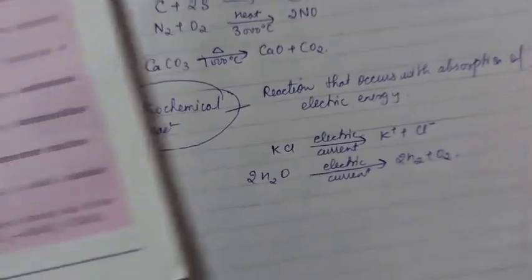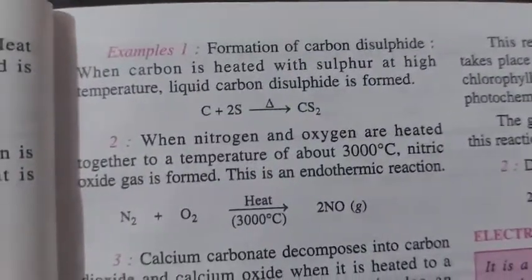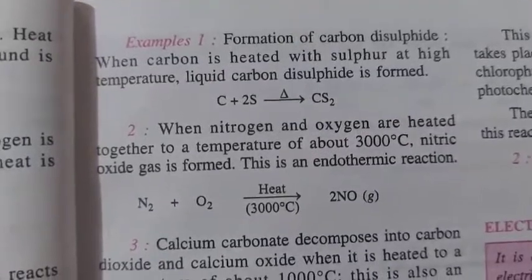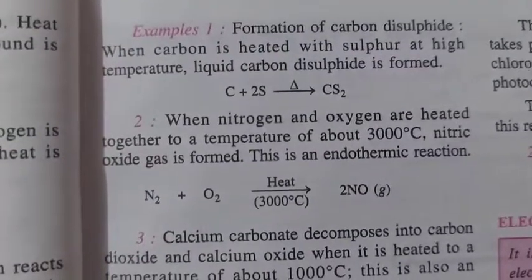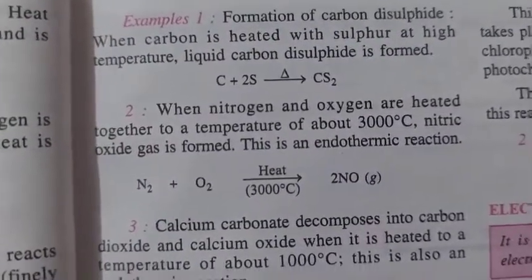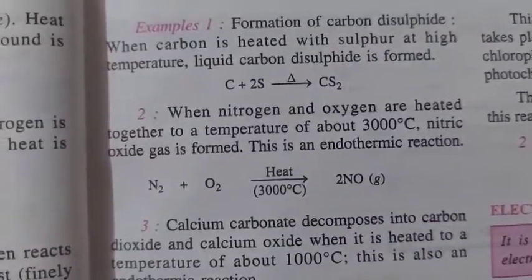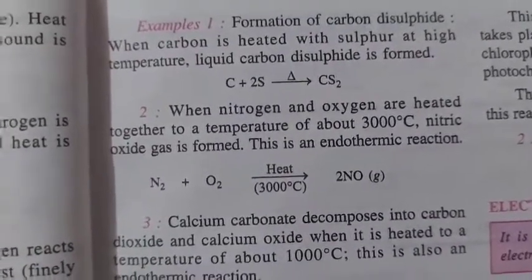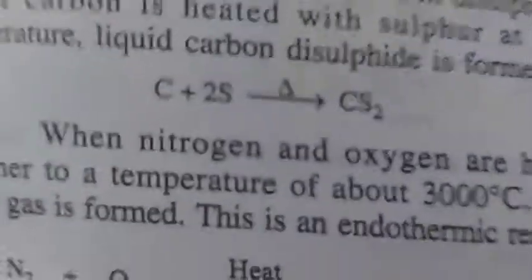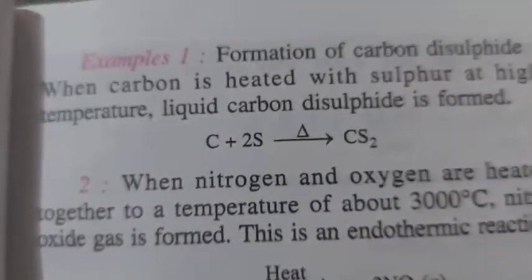Here are a few examples of endothermic reactions. The first is the formation of carbon disulfide, CS2. When carbon is heated with sulfur at high temperature, liquid carbon disulfide is formed. It absorbs heat, and after the absorption of heat it forms carbon disulfide.